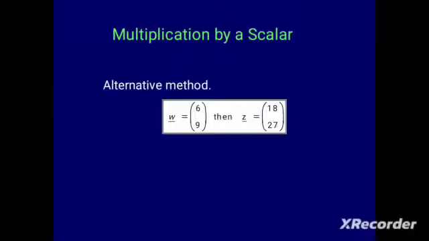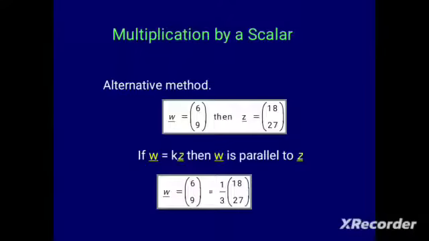We also have an alternative method, another approach, whereby we are going to equate vector w to be k vector z, so that we see if we can still get the same answer. In this case, if vector w is equal to k vector z, then vector w is parallel to vector z.